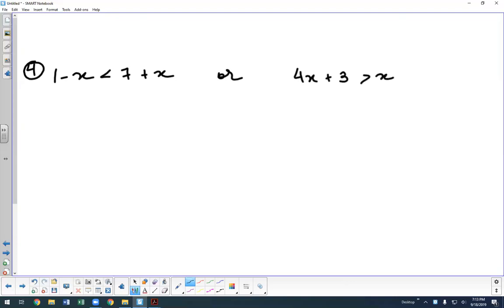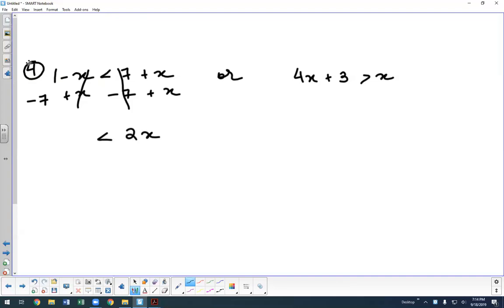Alrighty, so let's see. I guess, add x here, if you want to keep it positive. And since I'm moving my x, let's go ahead and subtract our 7, move it to the left-hand side. So on the right-hand side, I've got x plus x, which will make it 2x.